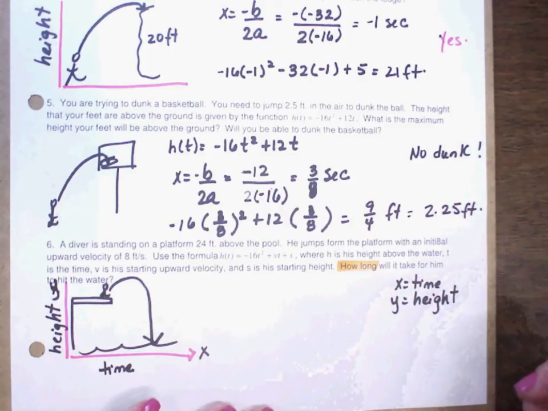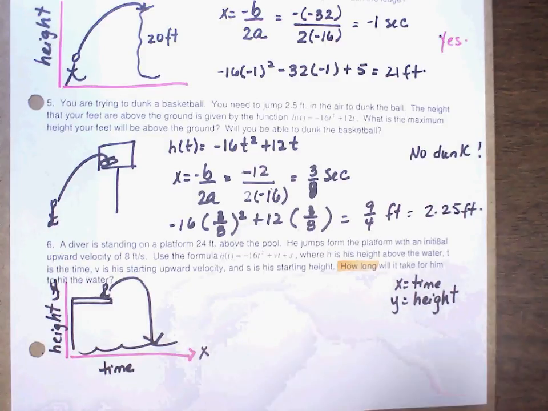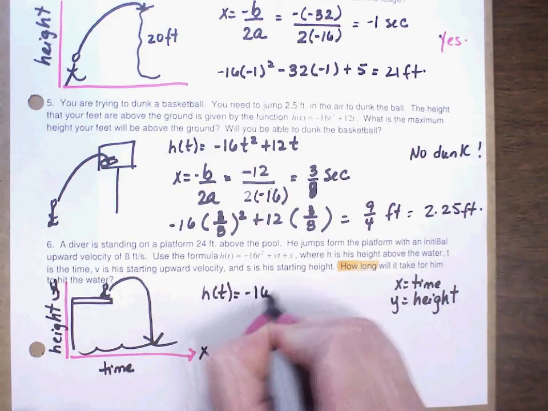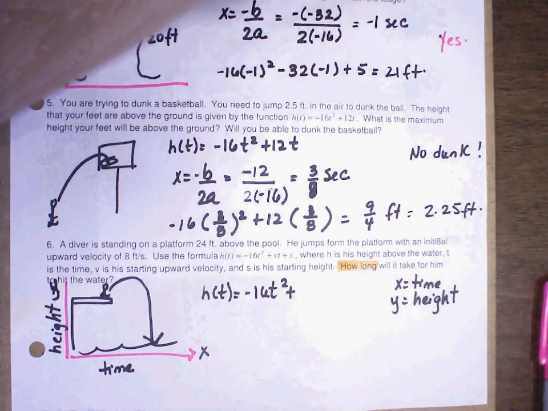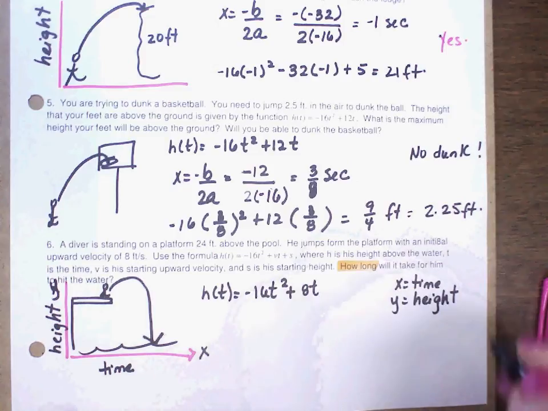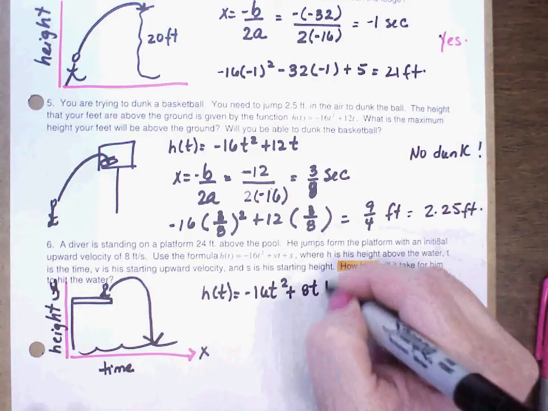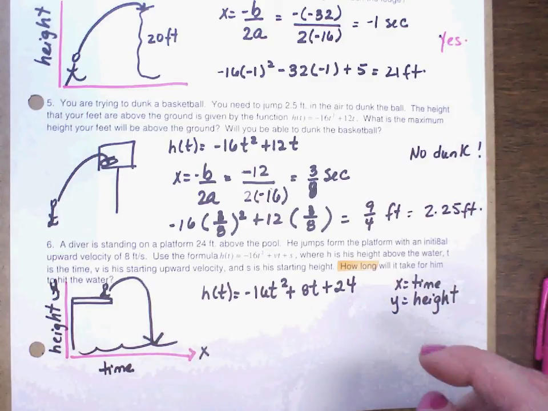Alright, so let's come up with the function first. h of t equals negative 16t squared plus 8t plus 24. So we have to figure out how long it will take for him to hit the water, right?